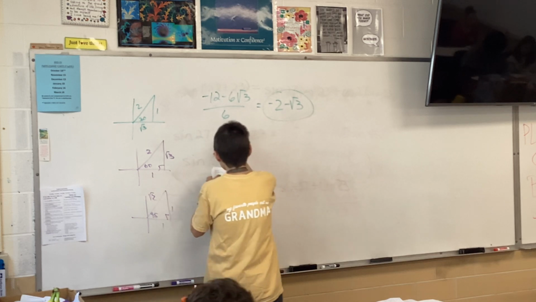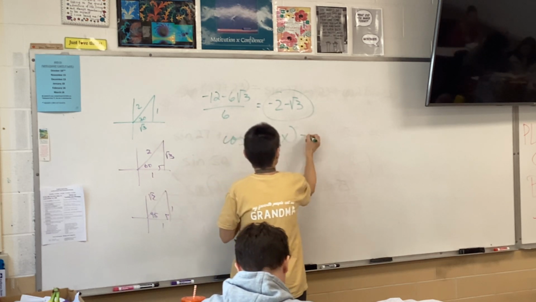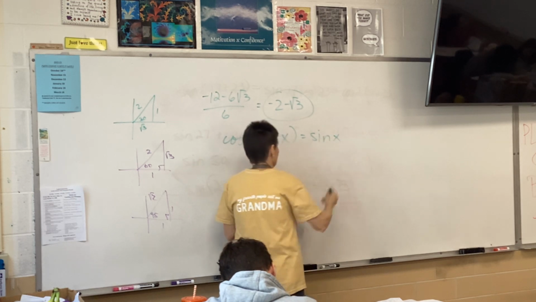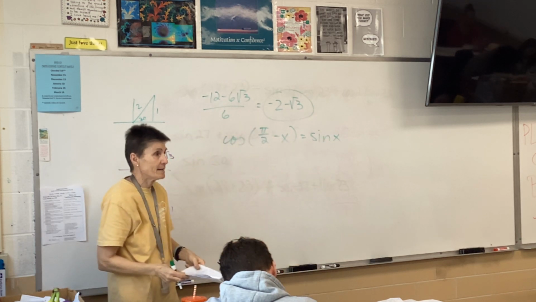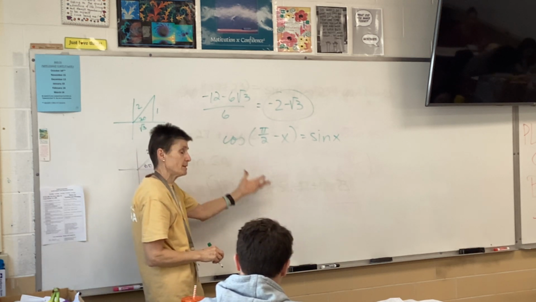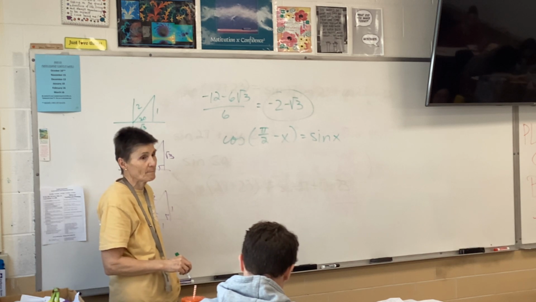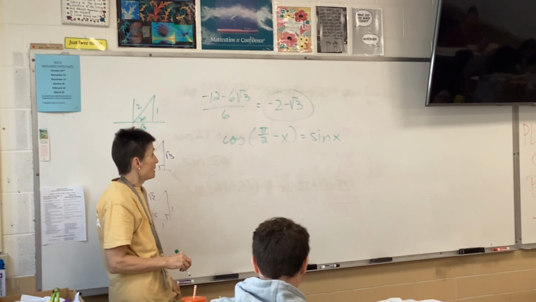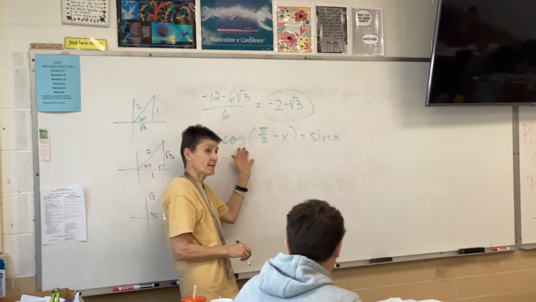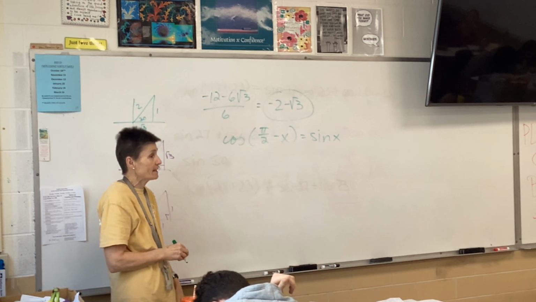All right. Next, it says verify. Well, you know what that means? That means pick a side and change it into the other side. That's what you've been enjoying the past few days. Now, this is actually a co-function identity, so you're actually proving one of our main identities.